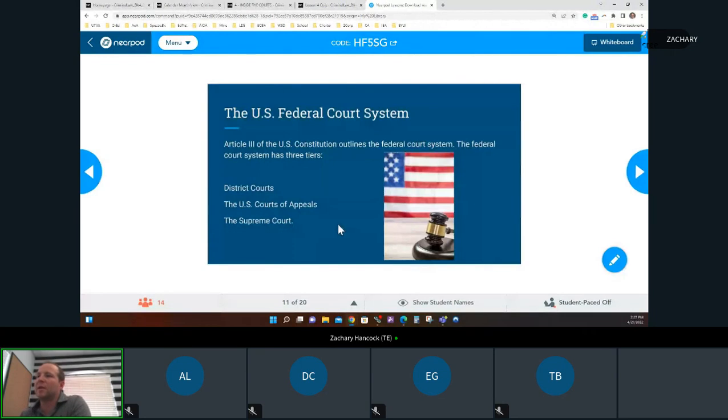So for example, like the Affordable Care Act or Obamacare, that was something that was put in the court. It went through appeal, and then it's finally taken up by the Supreme Court, and they make the decision and it all has to do with the Constitution, right? If something is constitutional or not.